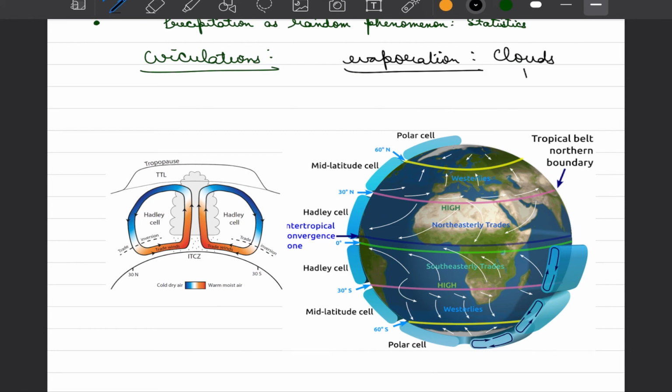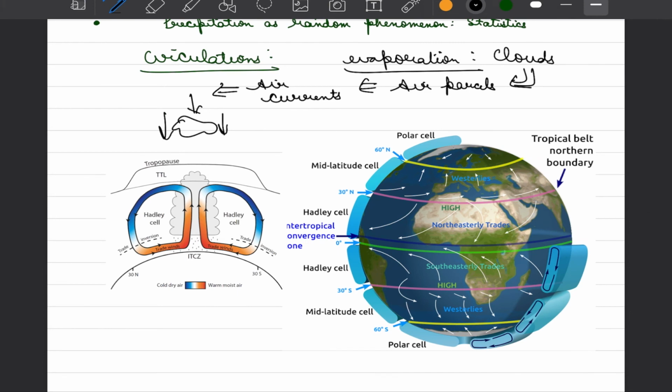These clouds or air parcels are transported over large distances by air currents, and these air currents descend somewhere else as air parcels again. This cycle that sets up all the way from evaporation to the coming down of that air parcel or moisture is termed the circulation.